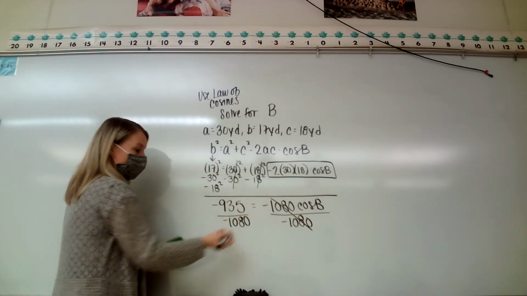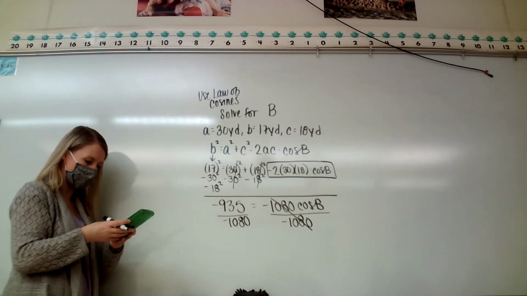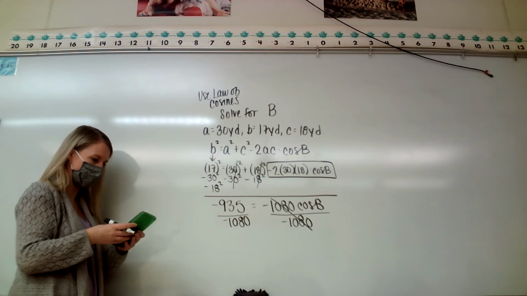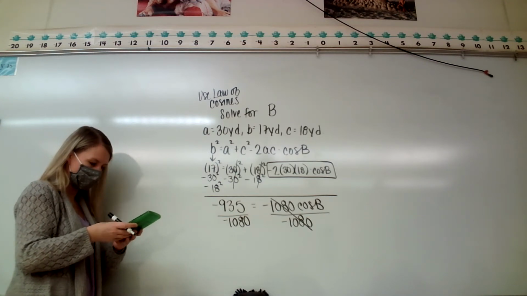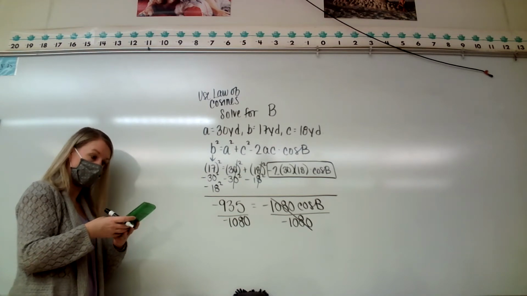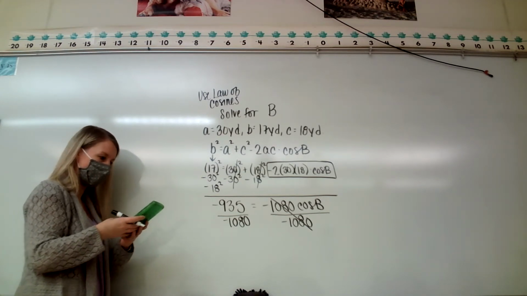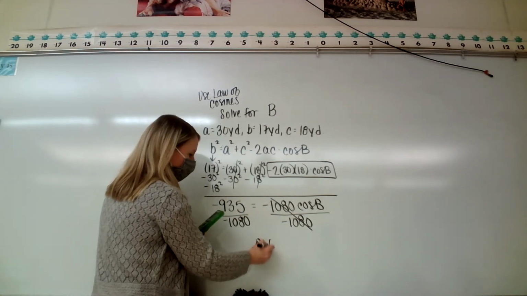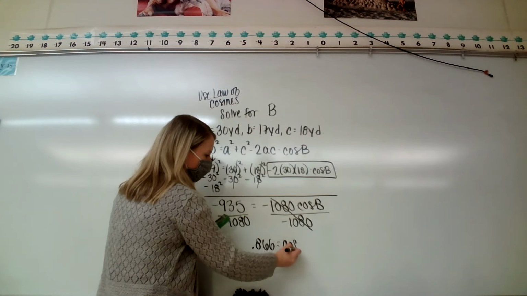I have no clue what that comes out to. You will get a decimal, and that's perfectly fine. Oops, and I put the wrong number. What did I just do? I was putting decimals, not negatives. Okay, that comes out to 0.866-ish. If you round a little differently, that's fine.